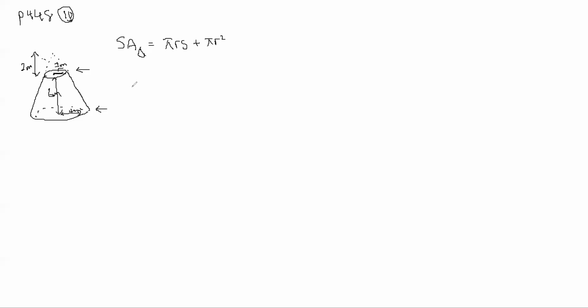All right, first things first. Here's what I'm going to do. Normally, I'm going to calculate the surface area of this cone as a whole. But notice how this portion of the surface does not count.